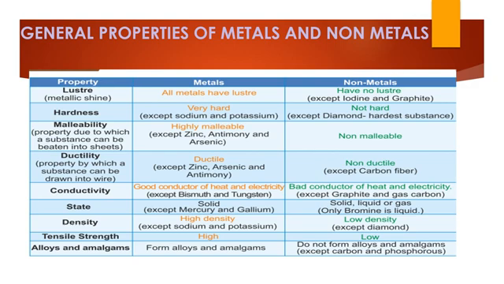Metals have high tensile strength and non-metals low tensile strength. Alloys and amalgams. Metals can form alloys and amalgams, but non-metals do not form alloys and amalgams except carbon and phosphorus. An alloy is nothing but a mixture of two or more metals. But non-metals are not metals, so they won't undergo amalgamation.